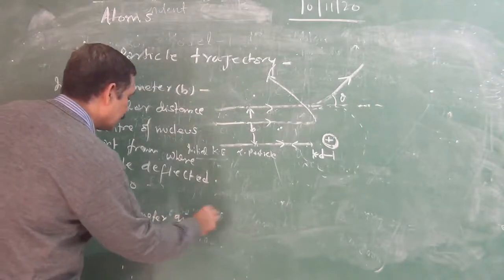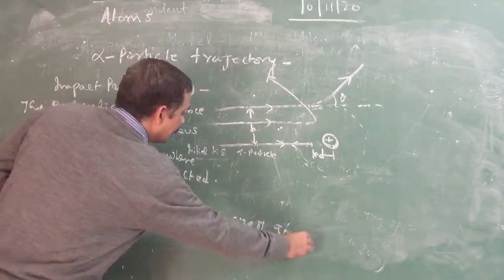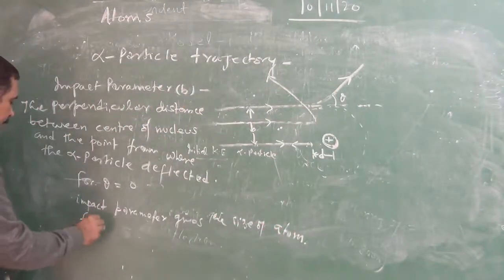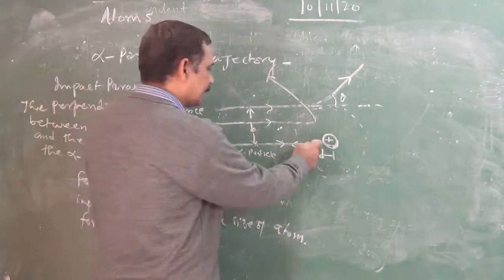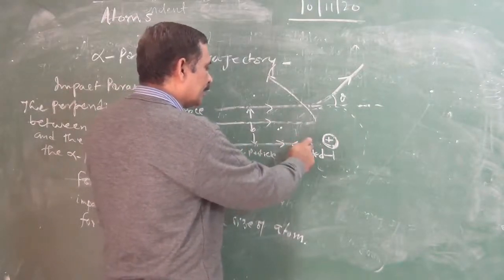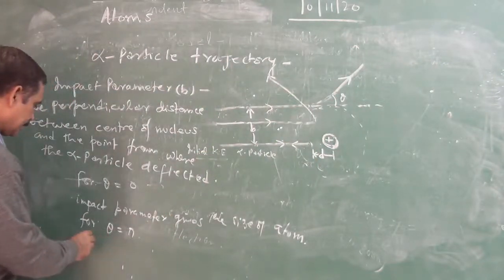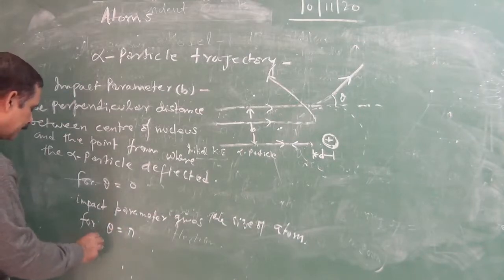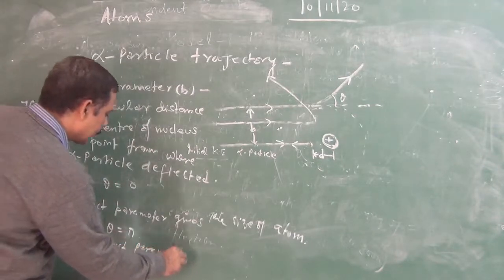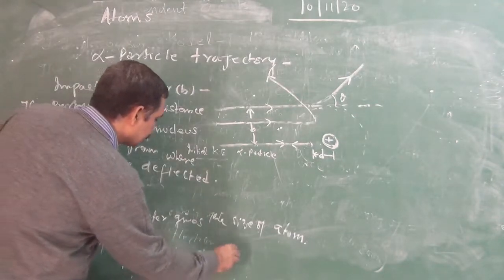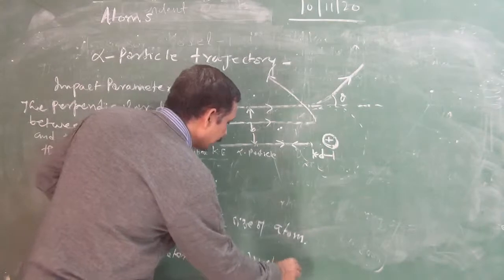For theta equal to pi, this is theta pi, so this parameter shows the size of the nucleus. For theta equal to pi, the impact parameter shows the nucleus size.